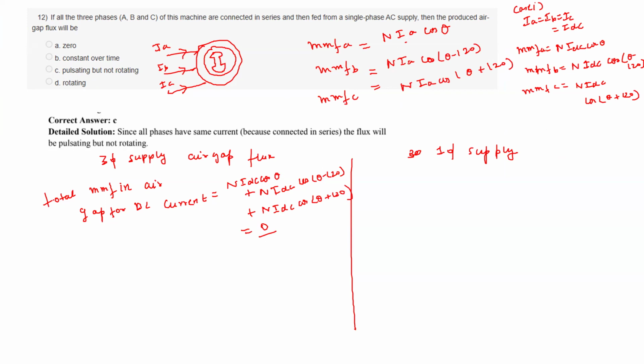So instead of giving IA, IB, IC as DC, we give it as a three-phase balanced sinusoidal supply. So what does this mean?